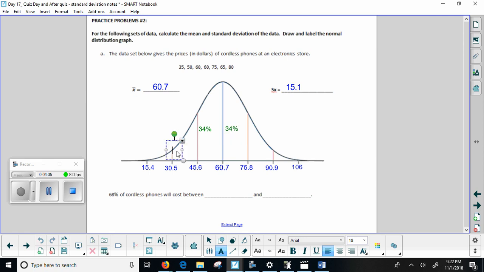This is 13.5%. I'm just going to keep it 13.5, knowing that it's a percent. And this one is 2.35.